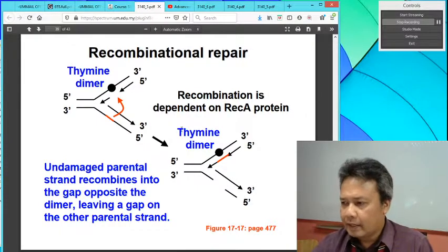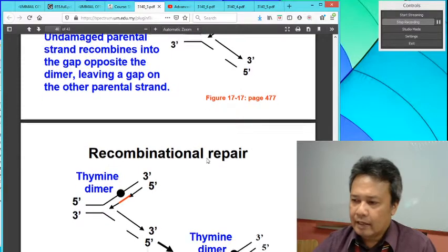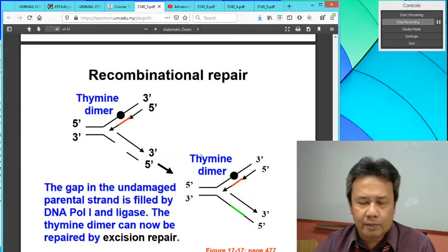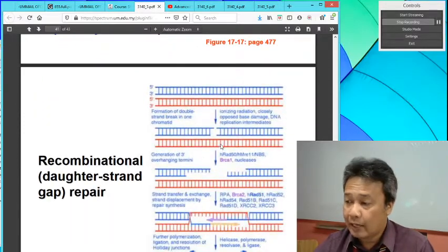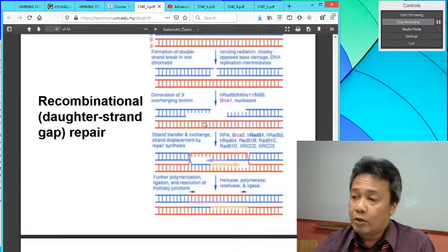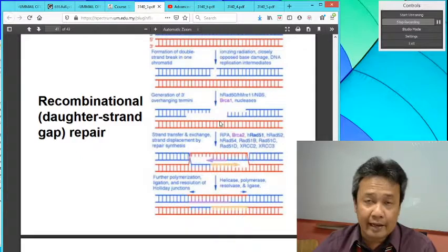So what happens here is that you will require the process of recombination, which is what happens if you have a double strand break.